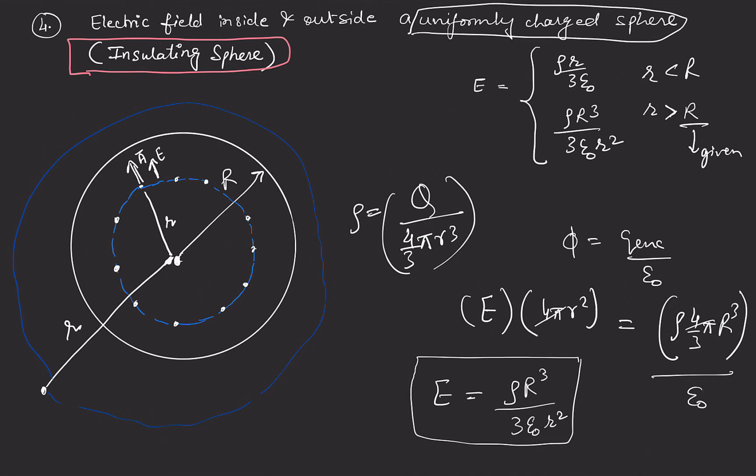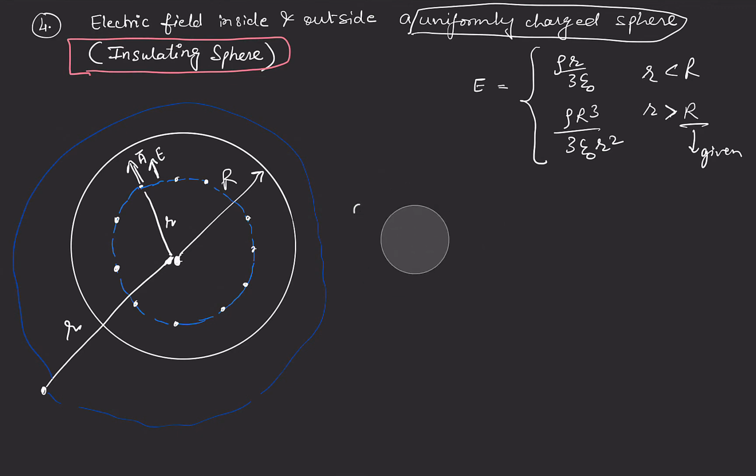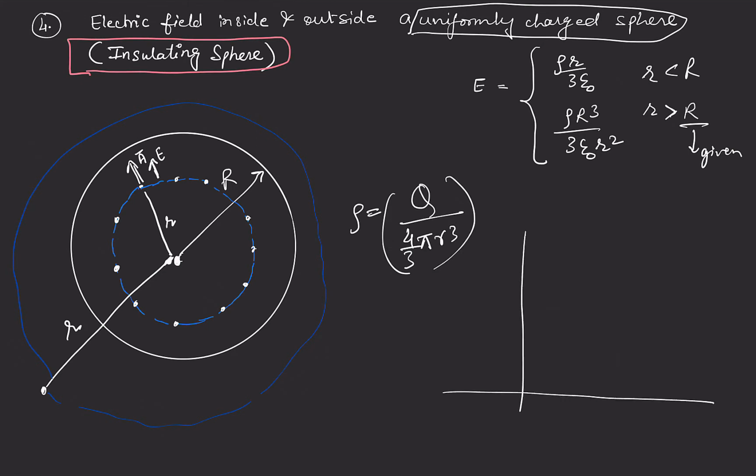So now we can also construct a graph between electric field and distance r from the center. So we can see that the graph will have two parts, for r less than R and for r greater than R. So on the x-axis we are taking the distance.